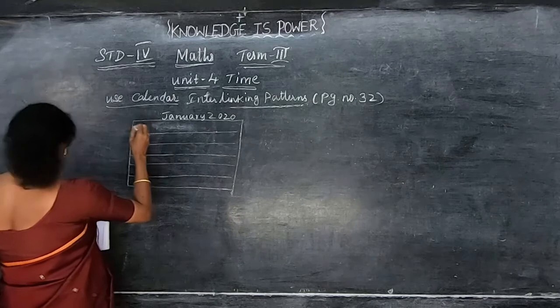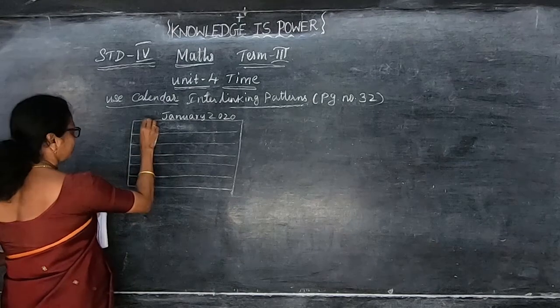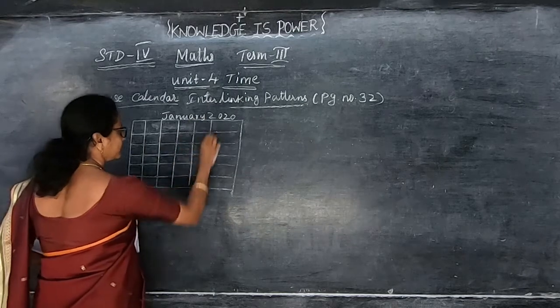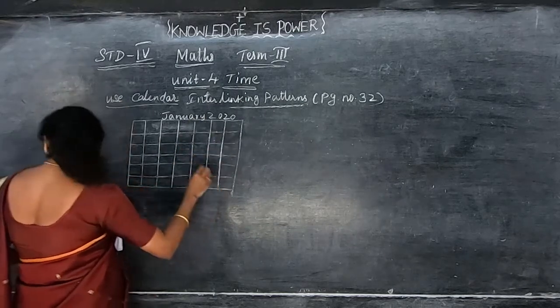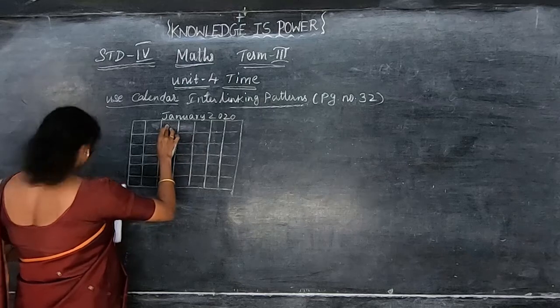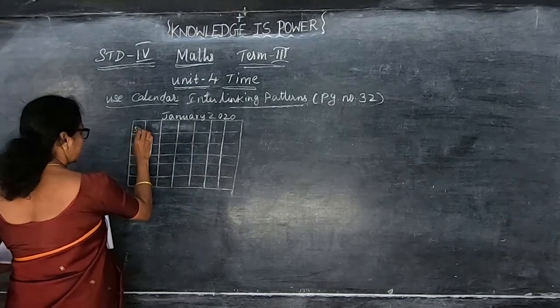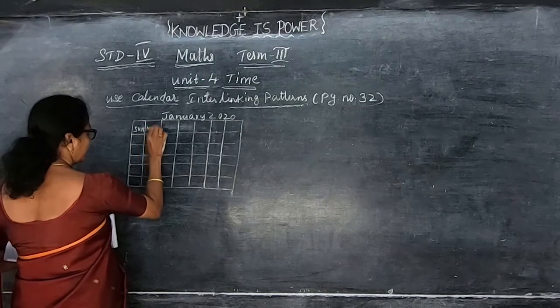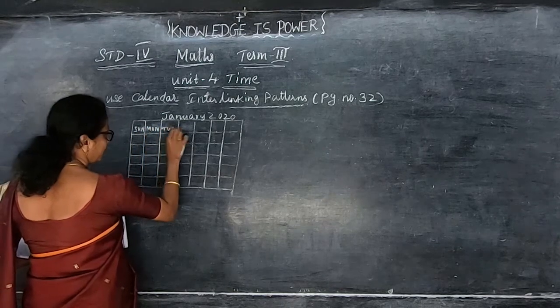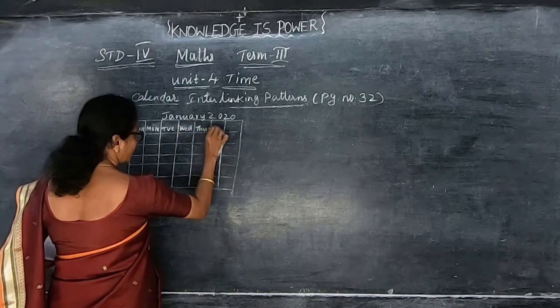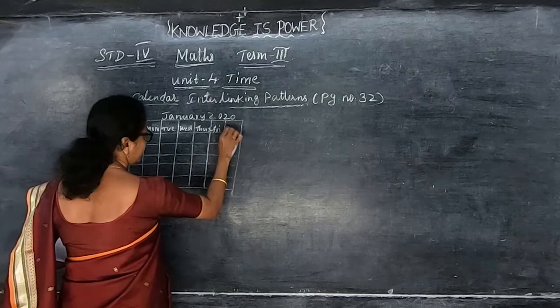So I'll write the calendar here. Sunday, Monday... So here I will put the date. January 1st starts on Wednesday. First we will write Sunday, then Monday, then Tuesday, Wednesday, Thursday, Friday and Saturday.